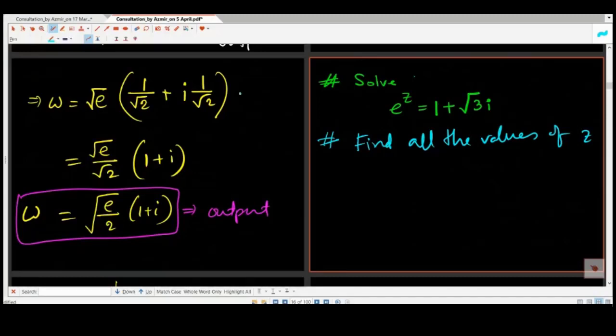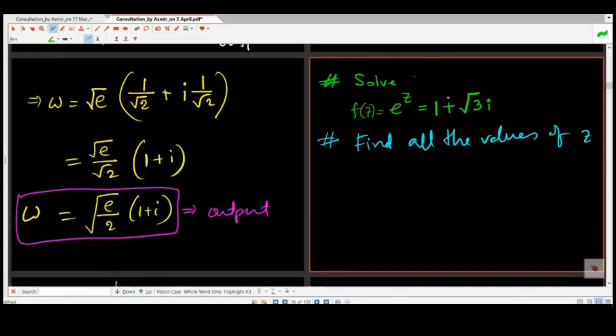So remember one thing, that e to the z is a function. E to the z is an exponential function, and we have mentioned several times that e to the z is always a single valued function. So for e to the z we have this single output.